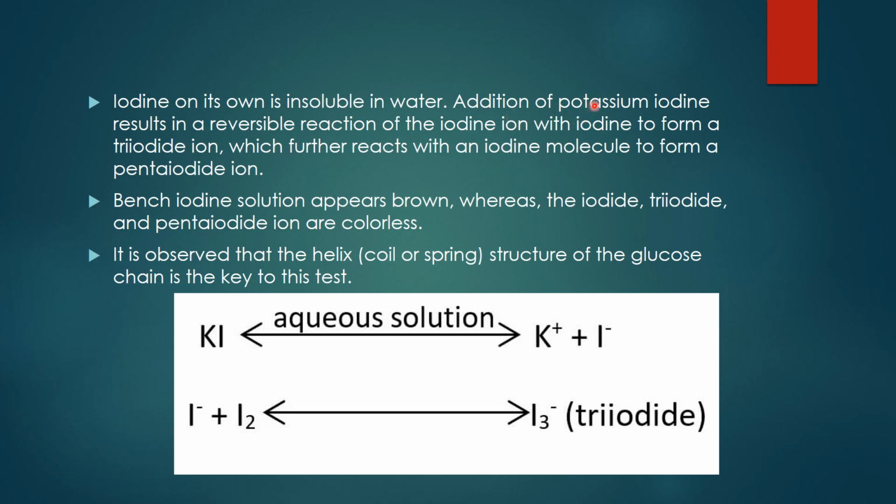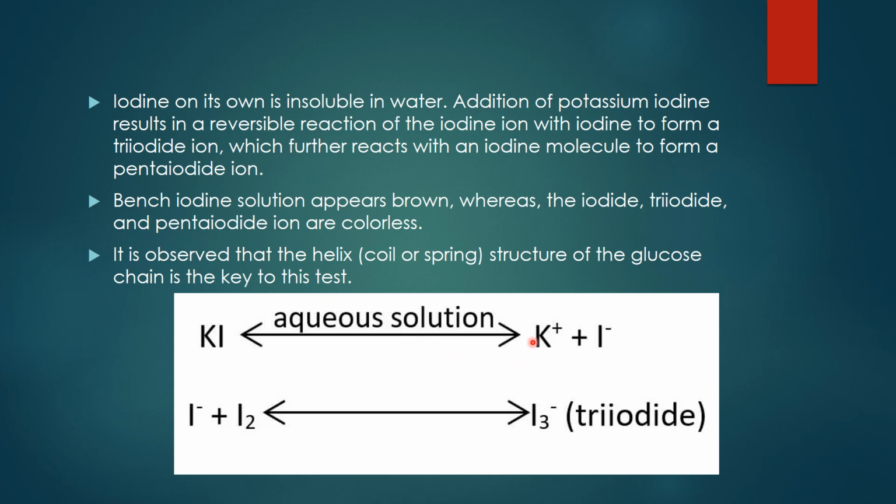So addition of potassium iodide results in a reversible reaction of the iodide ion with iodine to form a triiodide ion, as you see in the reaction below. This is the aqueous solution.